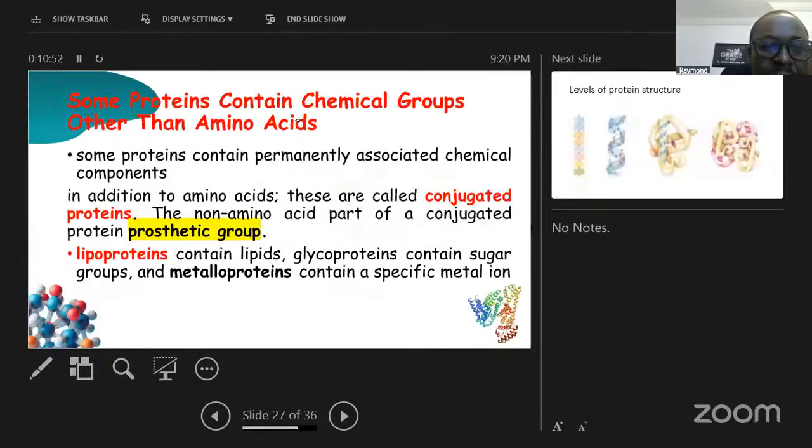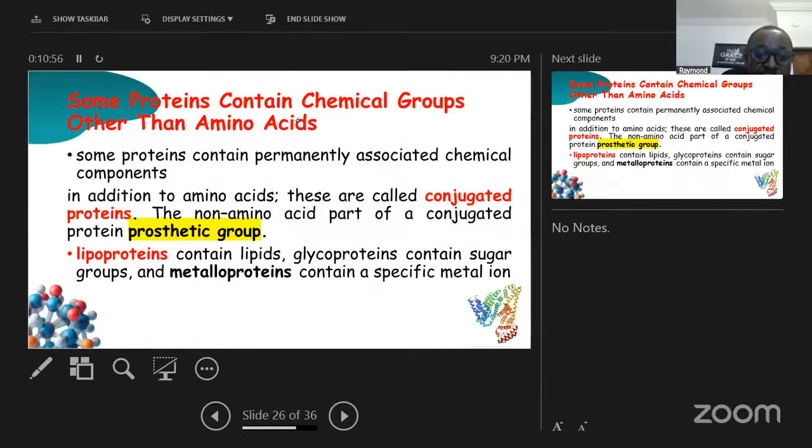Okay, so now we also know that some proteins contain other groups that are attached or chemically associated to the proteins. They are called conjugated proteins.